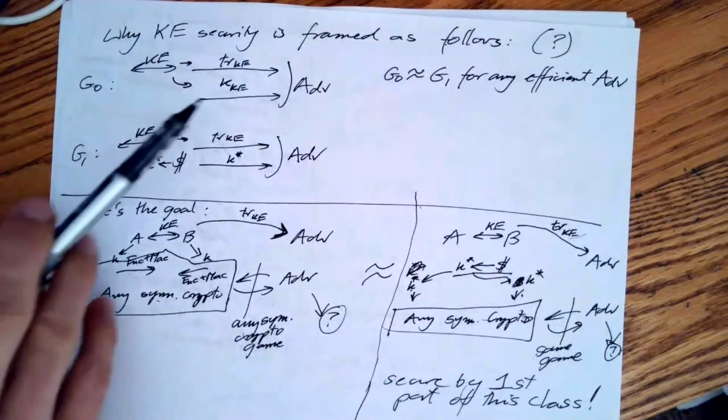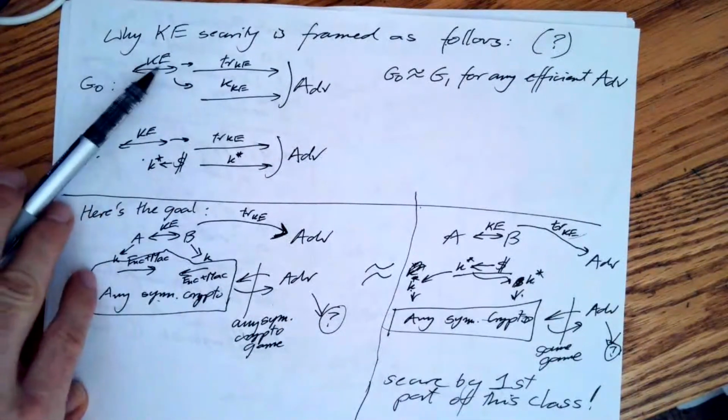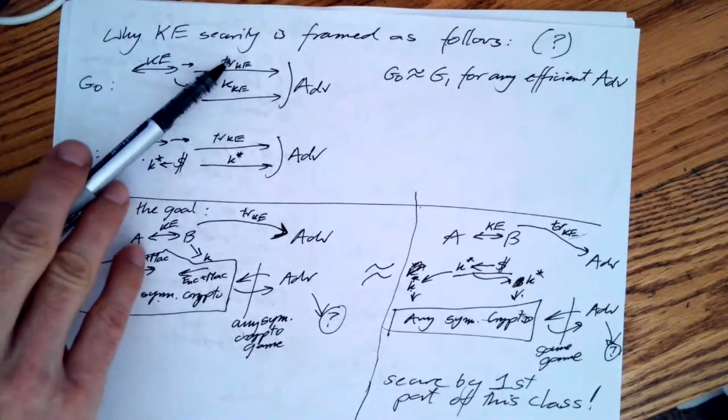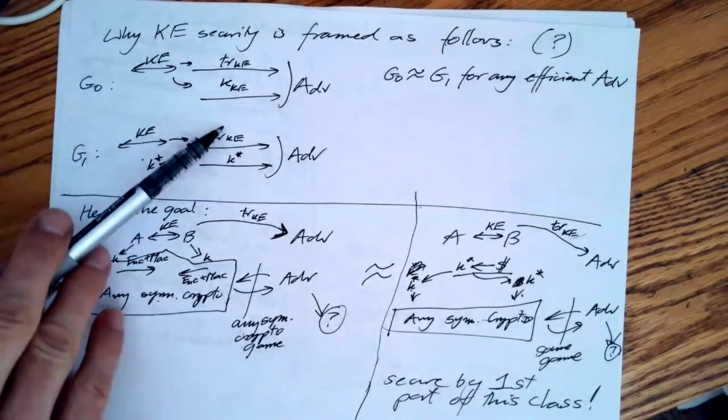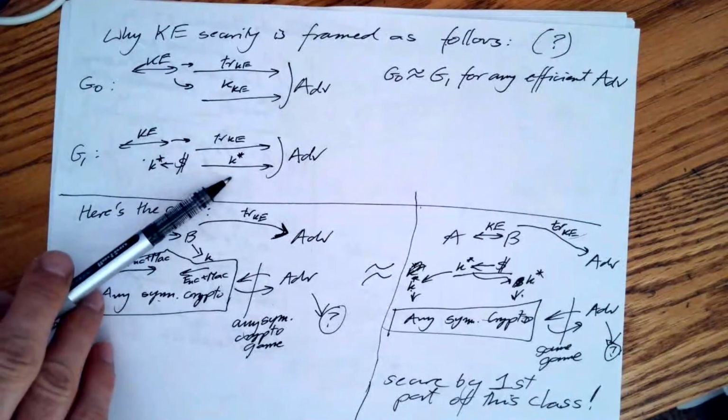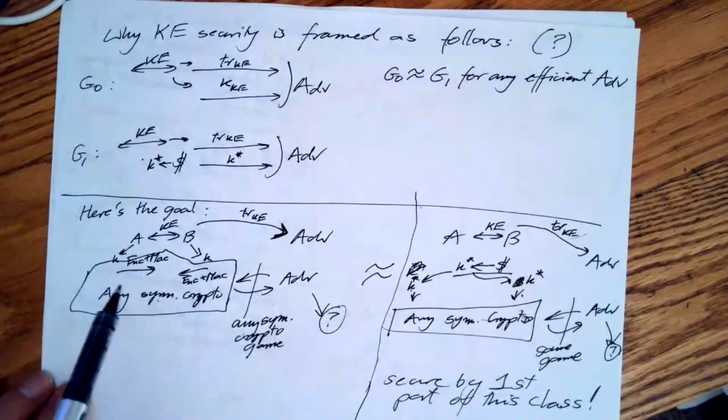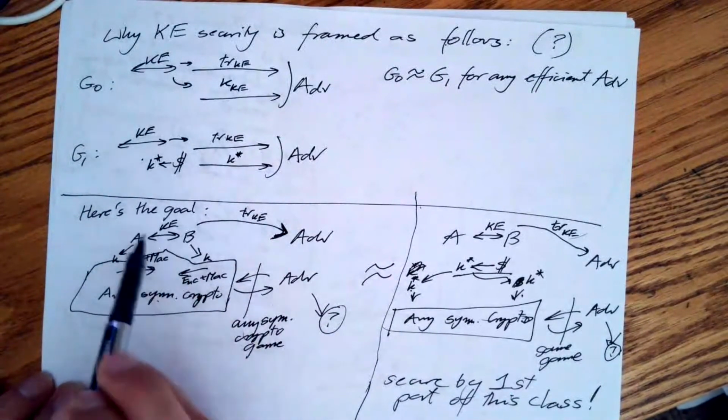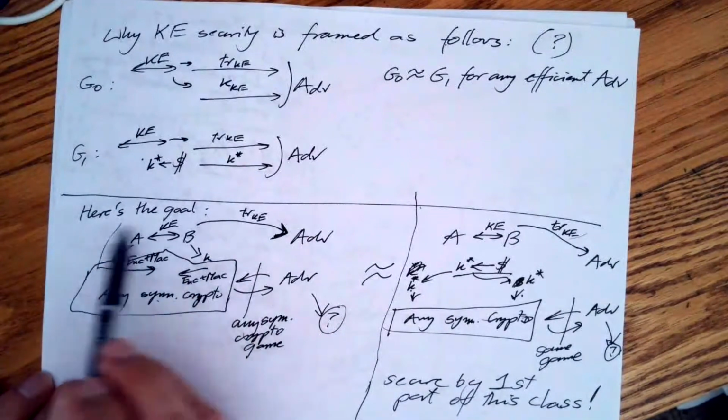Because if the key exchange is such that transcript followed by key is indistinguishable from transcript followed by random, then this is exactly what is allowed to replace this game.